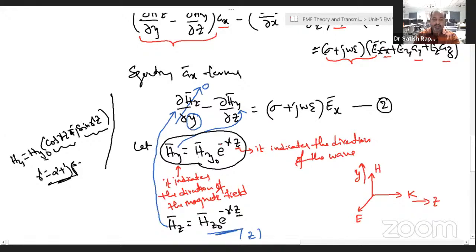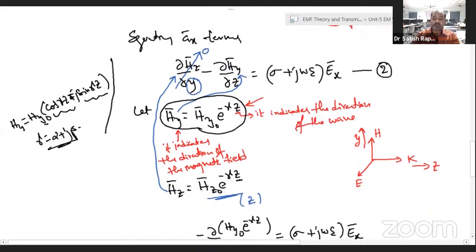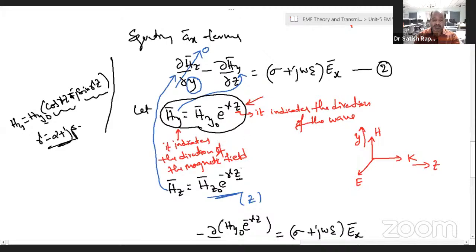Hy is the magnetic field component in the y direction, and it is in this form: Hy is equal to Hy naught e power minus gamma z. I am assuming that the wave is propagating in the z direction, so it is a function of z. Similarly Hz is equal to Hz naught e power minus gamma z, where Hz naught is the amplitude.